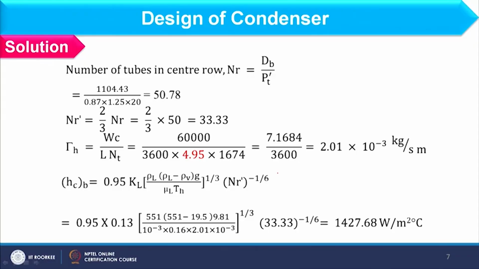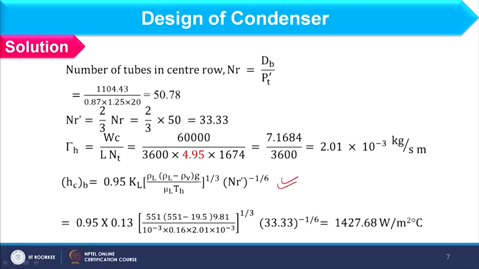If you remember the previous lectures, we have discussed the heat transfer coefficient for each condition. So, here the Nusselt equation will be applicable, which is 0.95 into properties, and then we have Nr dash power minus 1 by 6, right. So, that equation we can use. If you see, the equation is given like this to us, okay.